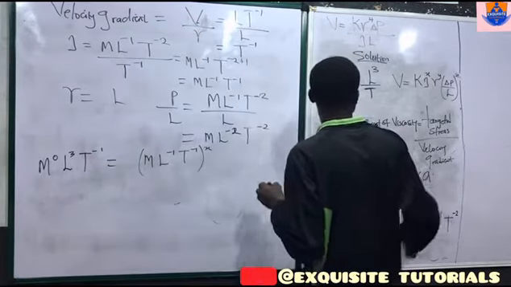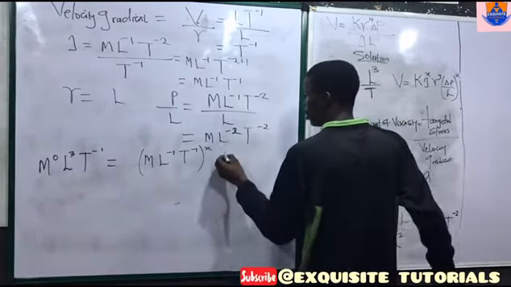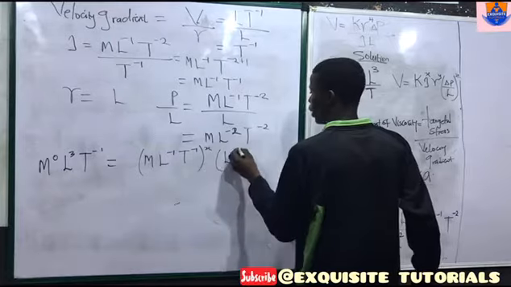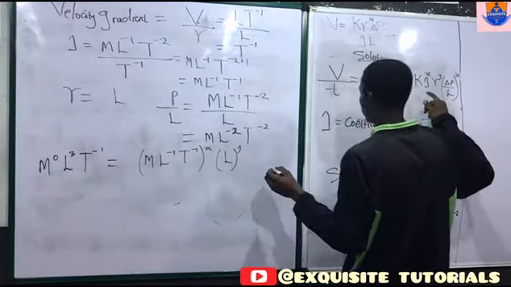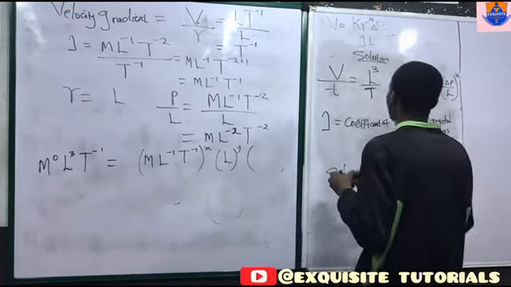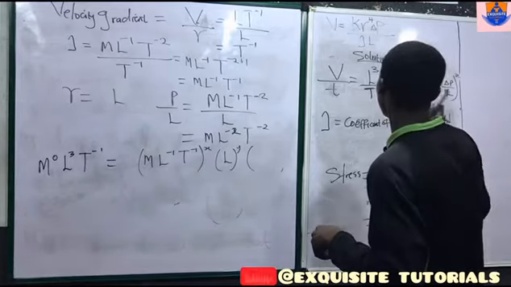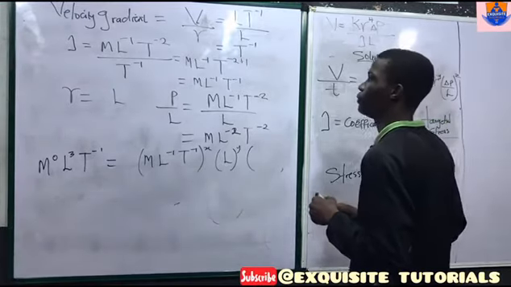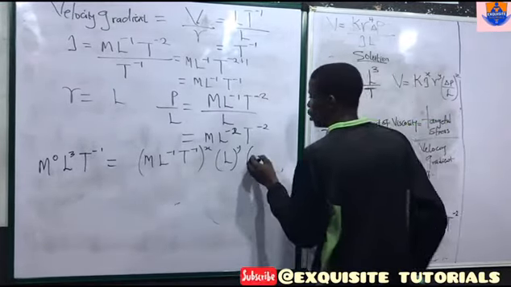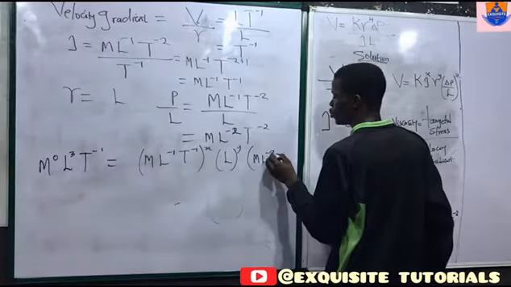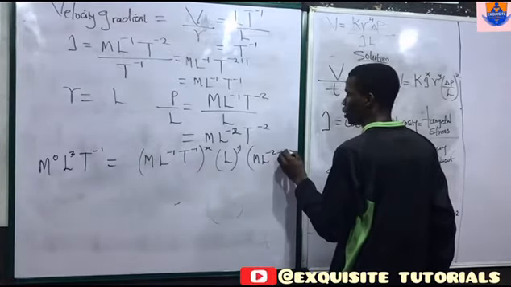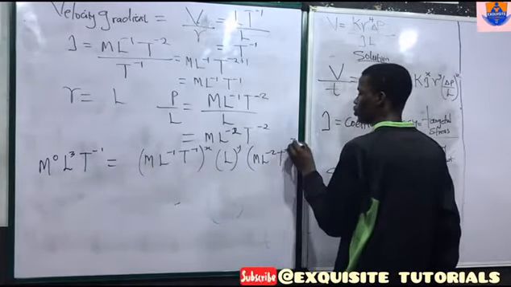X. Then for our Y, L raised to power Y. Then for our delta P, rather our pressure per unit length, it will be ml raised to power minus 2, which is this value here, T raised to power minus 2, everything raised to power what? Z.